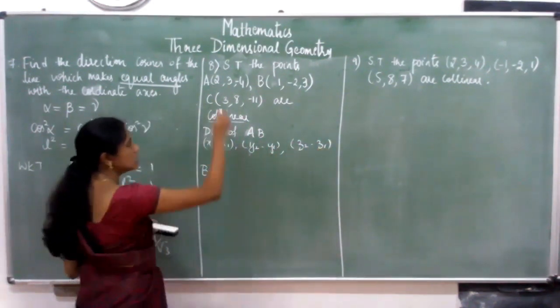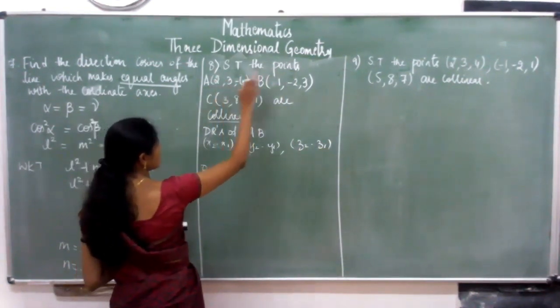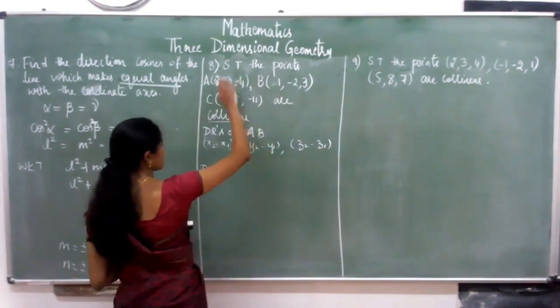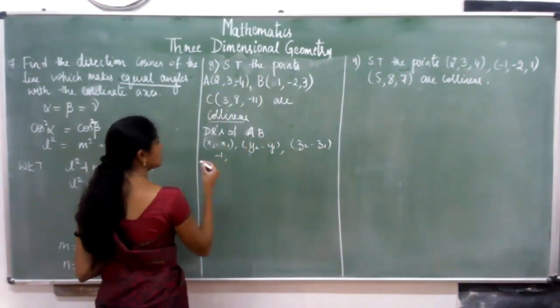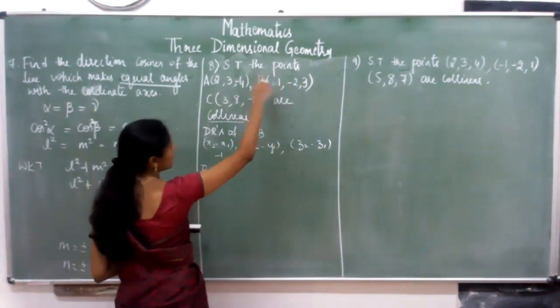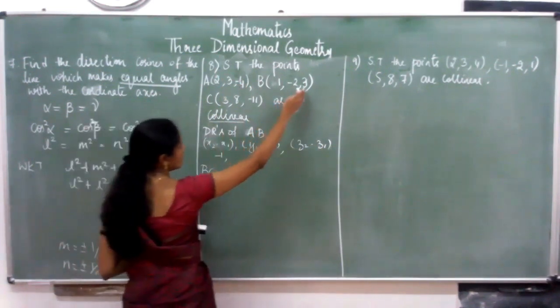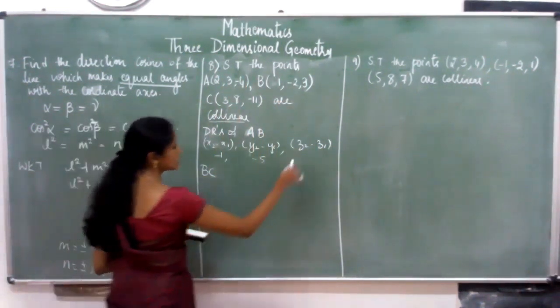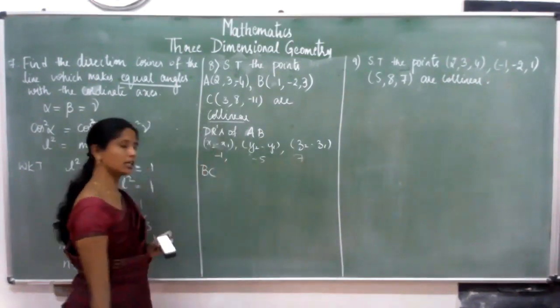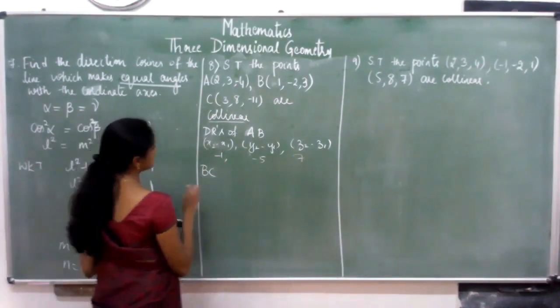So if we call A and B as x1, y1, z1 and x2, y2, z2, then x2 minus x1, 1 minus 2, is equal to minus 1. Then y2 minus y1, minus 2 minus 3, is minus 5. z2 minus z1, 3 minus of minus 4, so 3 plus 4, is 7. Next, similarly, let us find the direction ratios of BC.